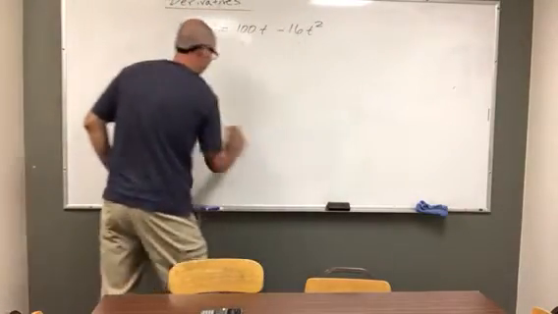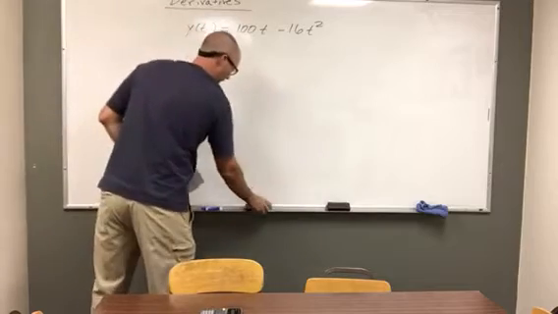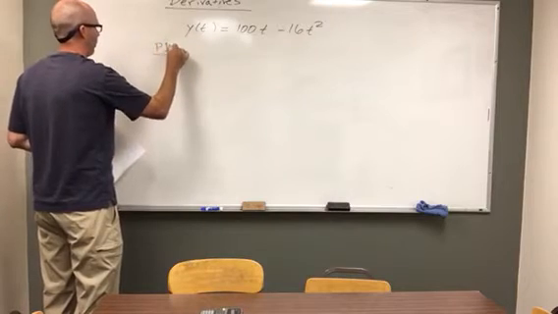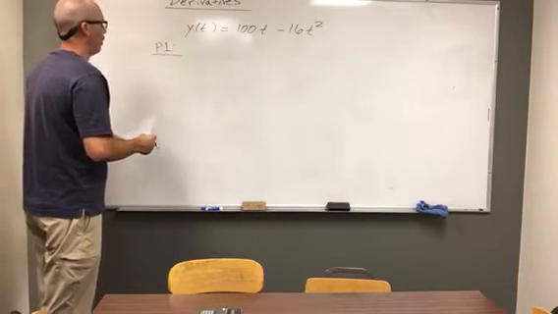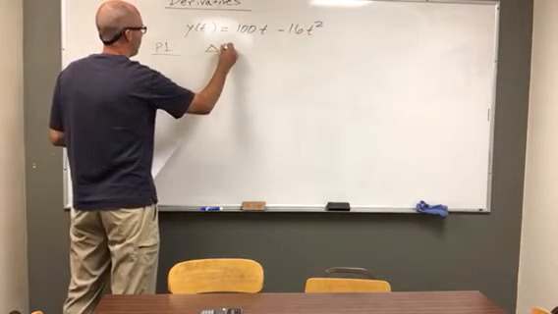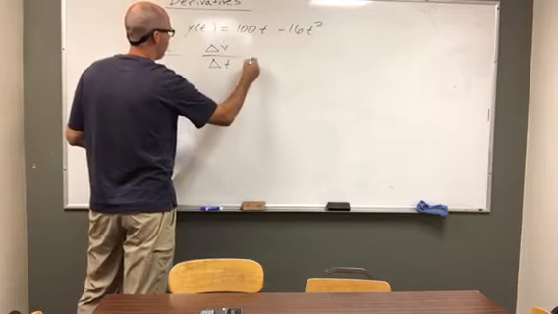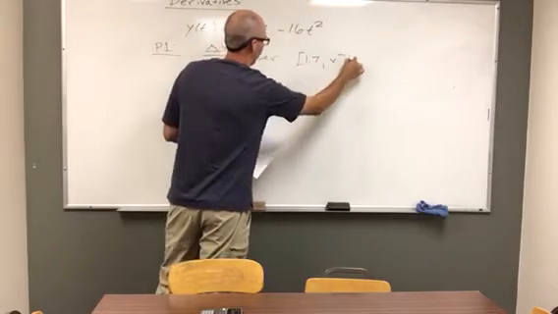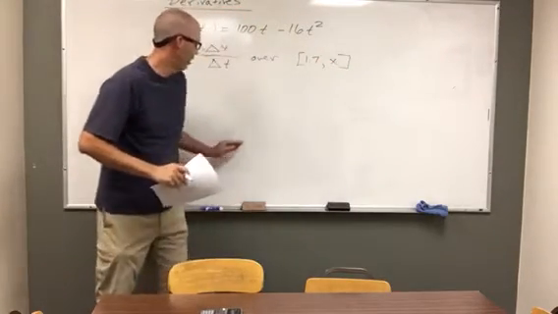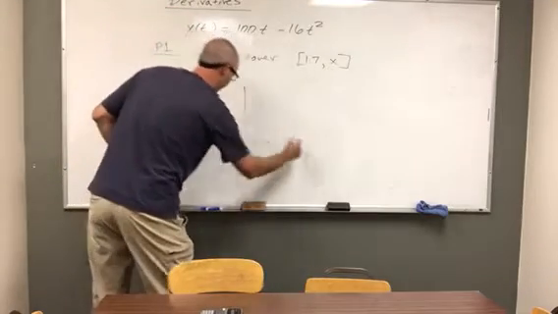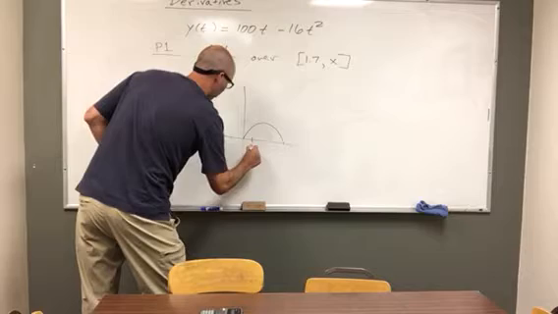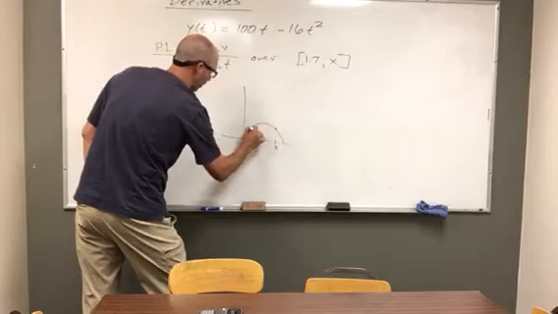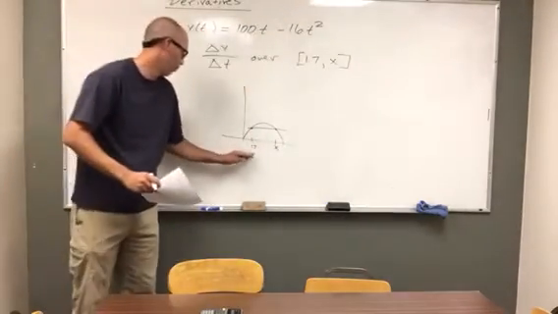Okay, so problem 1 first. We're going to compute change in y over change in t over the interval 1.7 to x. x is just some number out there, so I'm computing the slope of the secant line from 1.7 to x.